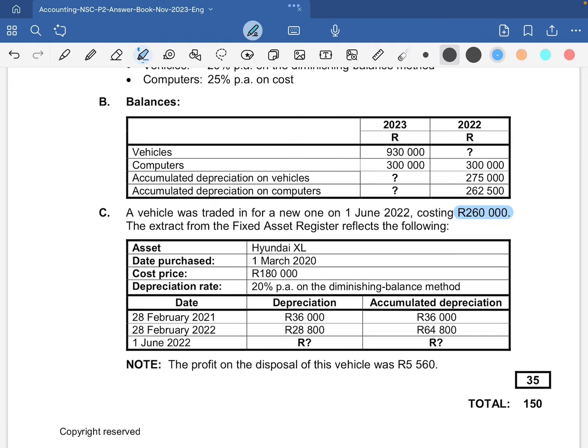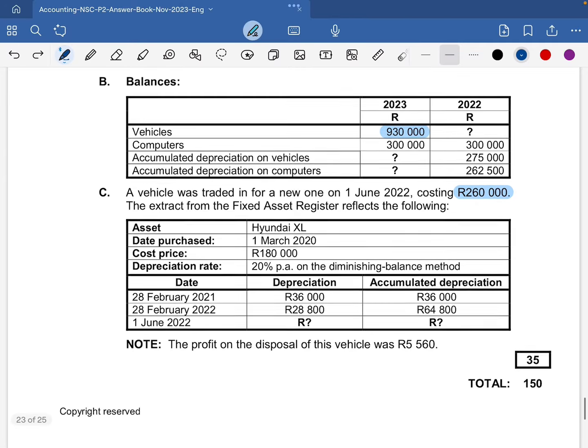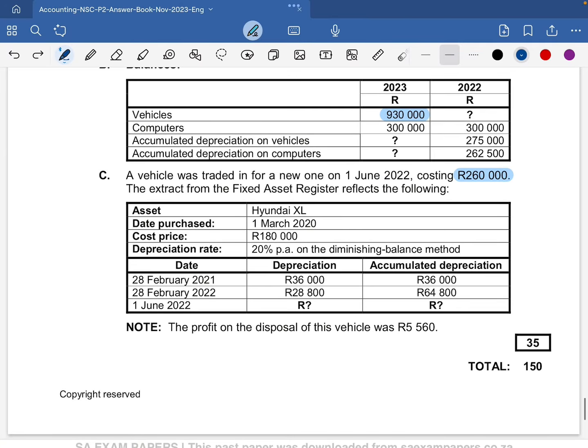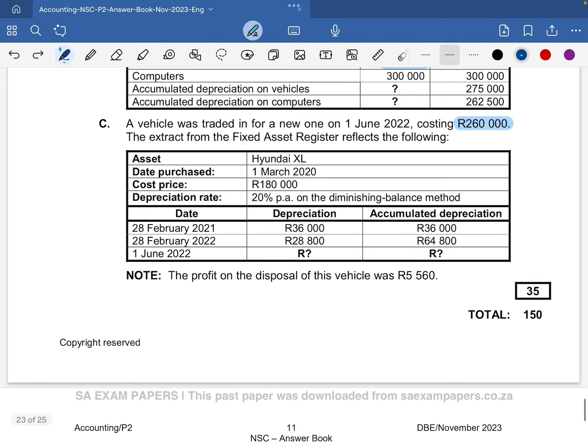So now we have the vehicles with 930 at the end. Remember, this is 2023 at the end, and we have an addition of 260. Now we also disposed of a vehicle, and we're given the extract from the fixed asset register, which reflects the following.